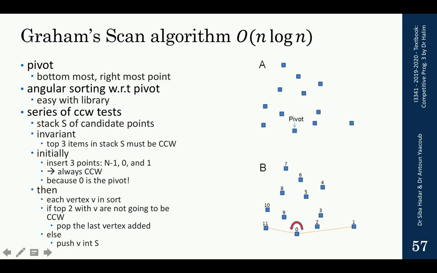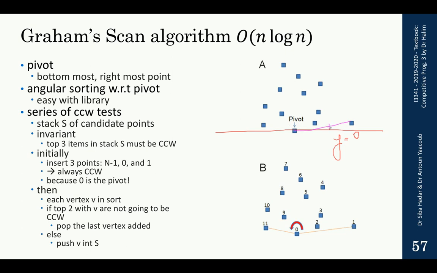And then you do an angular sorting. This is the y-axis, this is the x-axis, y equal 0, and you take the angles to all the points.